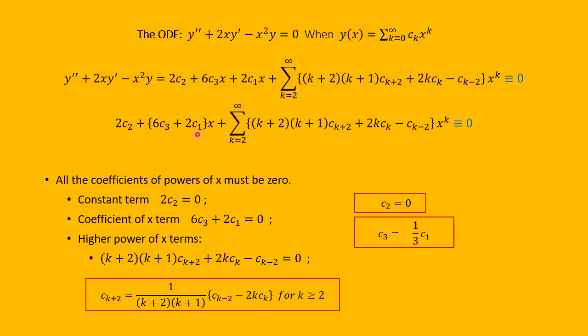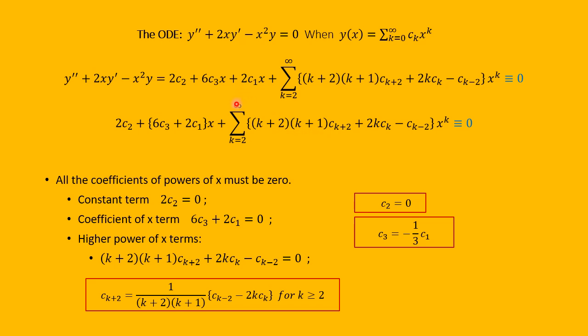The coefficient of x, this stuff right here, has to be 0. 6c3 plus 2c1 equals 0. Solving that, we get c sub 3 equals minus 1/3 c sub 1. All of the higher power of x terms, the coefficients have to be 0 too. So that means that for each k here, k being 2 or greater, this coefficient has to be 0.